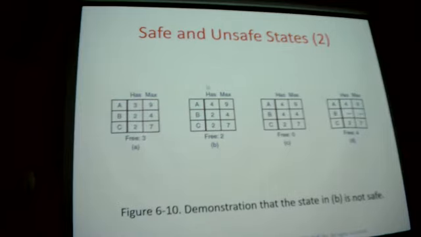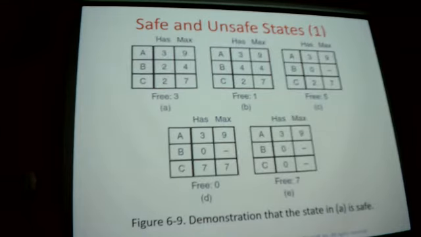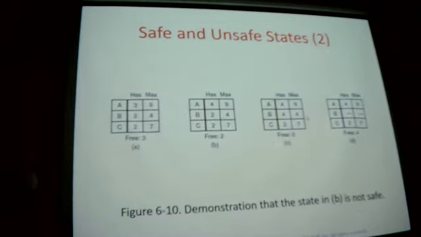But this one is a safe state, because we can find an allocation such that each process completes. So safe, unsafe, unsafe, unsafe.